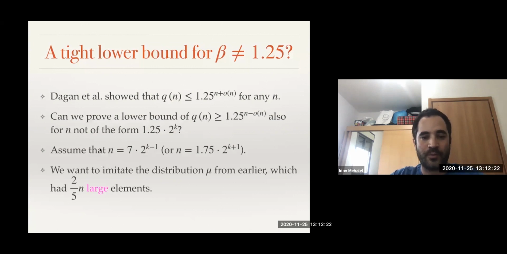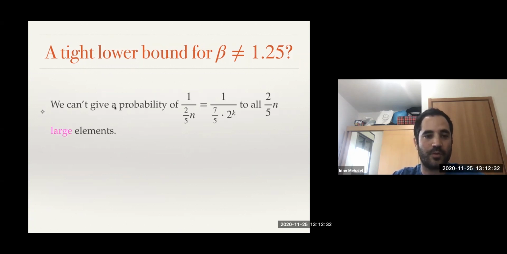So what we want to do is imitate the distribution mu from earlier, which had 2/5 large elements, and we took half of them to construct a splitting set. So we want to give the same probability to any large element, a probability of 1/(2/5 n) to any of the large elements.